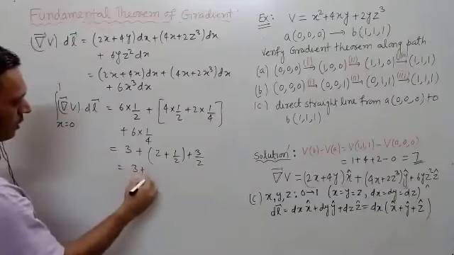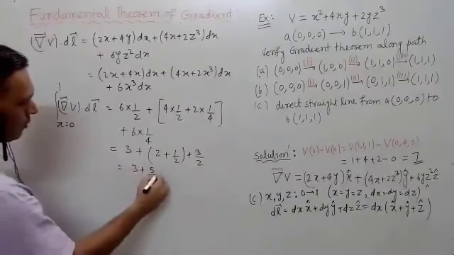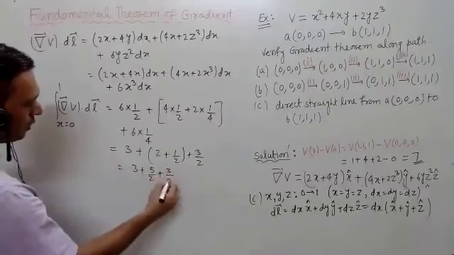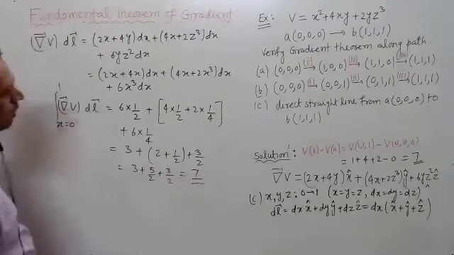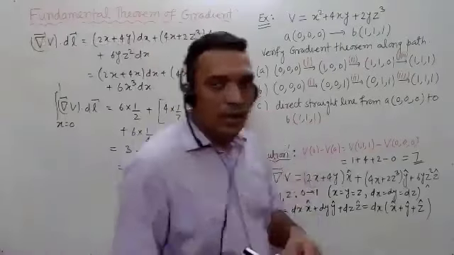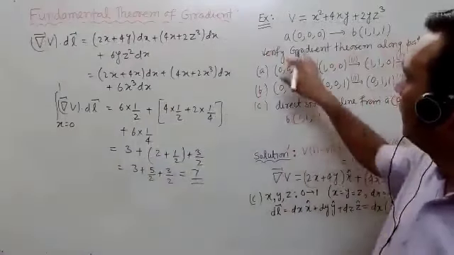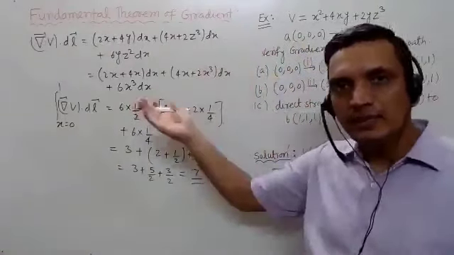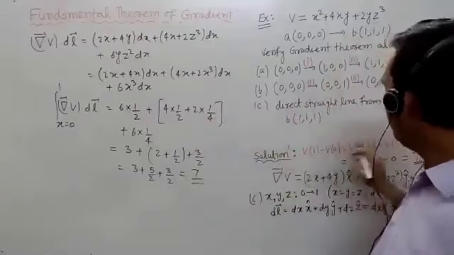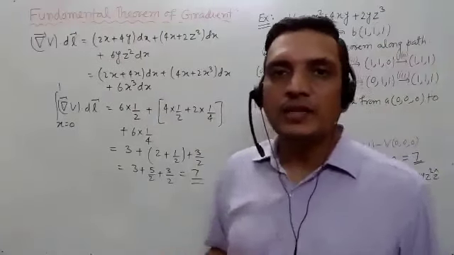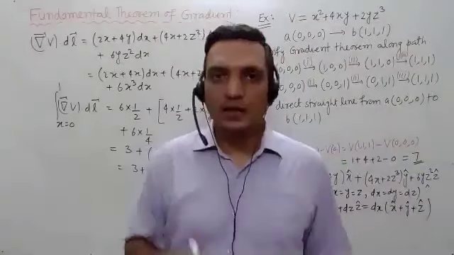So this is 3 plus 5 by 2 plus 3 by 2, so that is 7. So again you can see along each path gradient v dot dl is the same, and that is the same as vb minus va. So that verifies the gradient theorem in the Cartesian coordinate system.